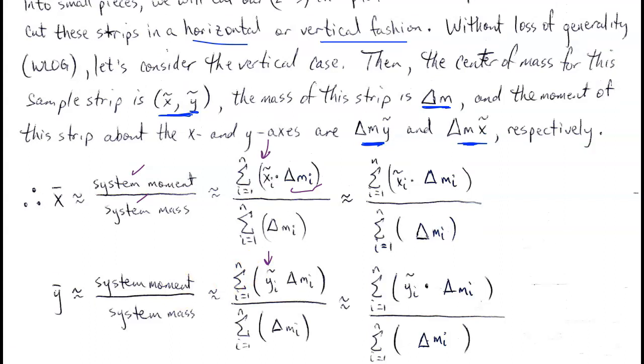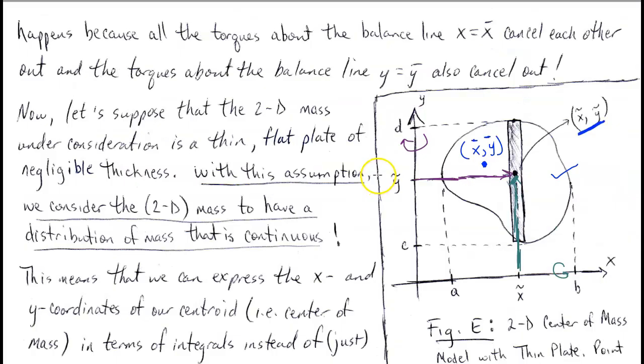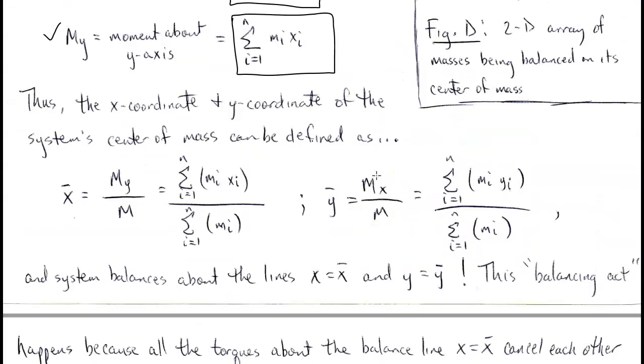Now, if you're wondering why I'm using x tilde and y tilde now, if we go back to what we saw earlier, remember that for the x coordinate and y coordinate of the system center of mass, we had this x sub i here, and we had this y sub i here.